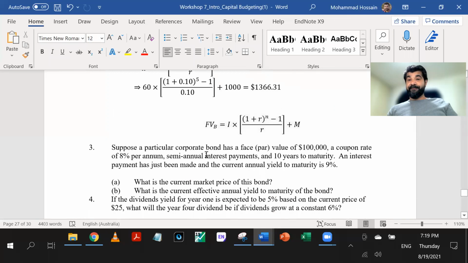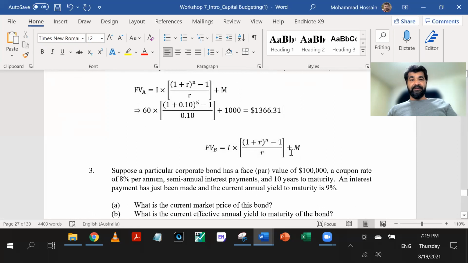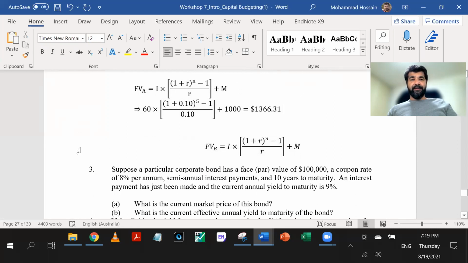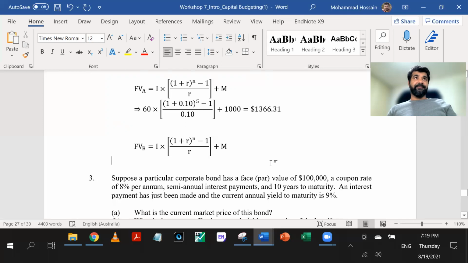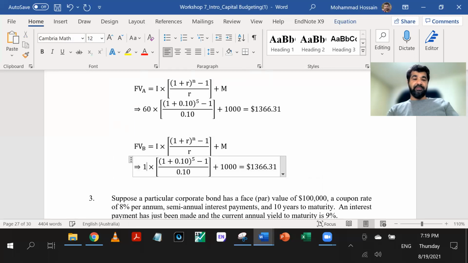And for 1B, it will remain exactly the same thing, just the return is 140 actually.